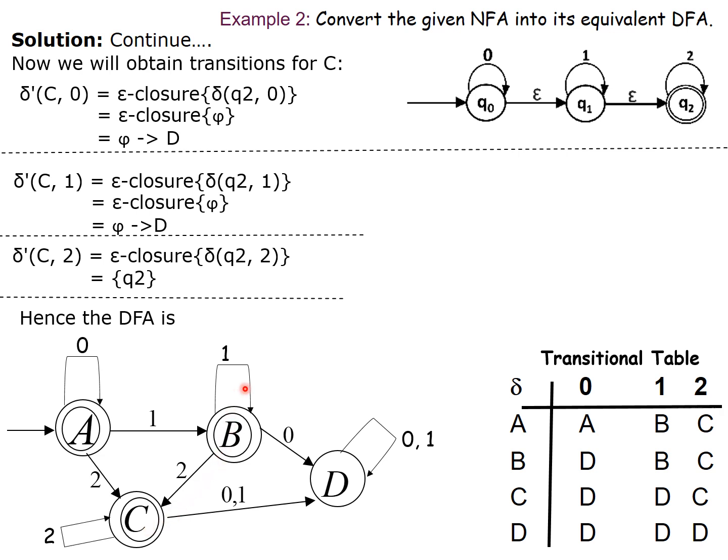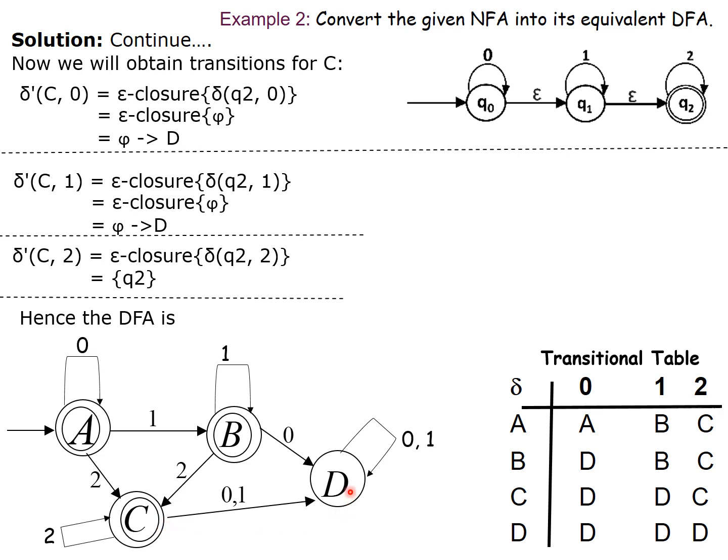Then B on 0 will go to D because it is the rejecting state. B on 1 will go to B itself. B on 2 will go to C. C on 0 and 1 will go to D, that means the dead state. Then C on 2 will go to C itself.